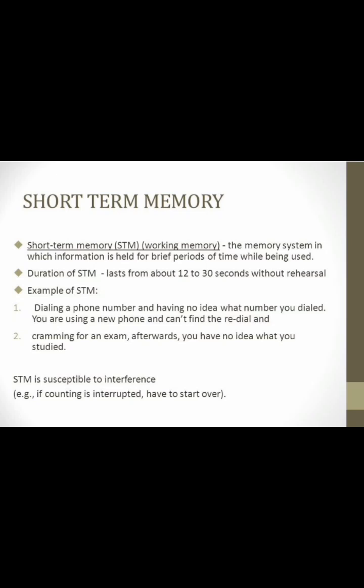Examples: dialing a phone number and having no idea what number you dialed, or cramming for an exam and afterward having no idea what you studied. Short-term memory is vulnerable to interference. For example, if counting is interrupted, you have to start over.